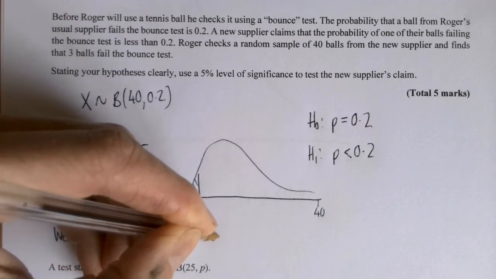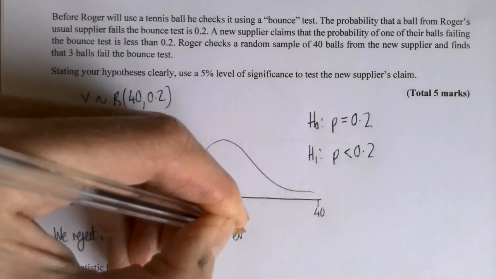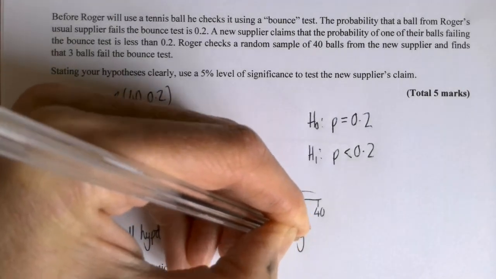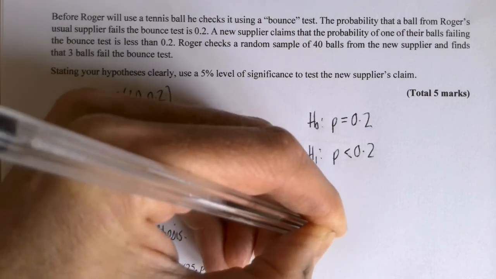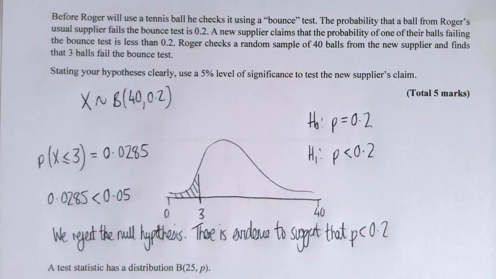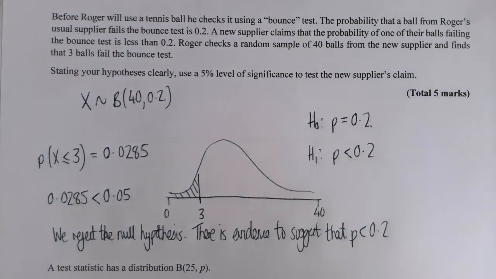There is evidence to suggest that the probability is less than 0.2. So it looks like this new supplier has got a case to make. Of course, we're very careful here. We're not saying it is definitely less than 0.2. We're just saying there's evidence to suggest that.